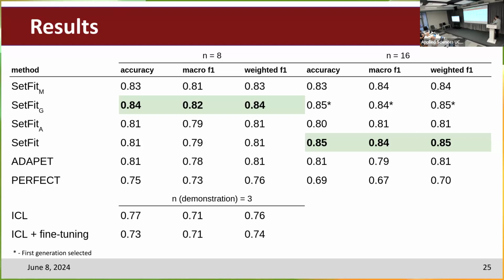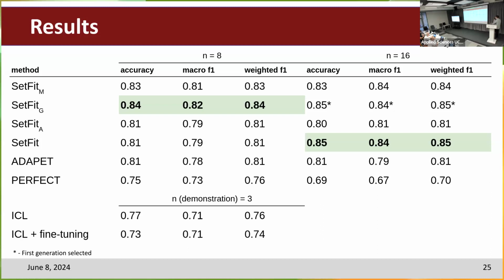As for 16-shot classification, vanilla SetFit has shown the best results. You may see that the scores for multi-generational SetFit are the same as for the vanilla SetFit. This is because based on the model evaluation, we have selected the first generation of models.